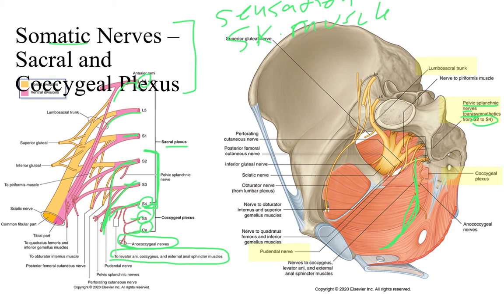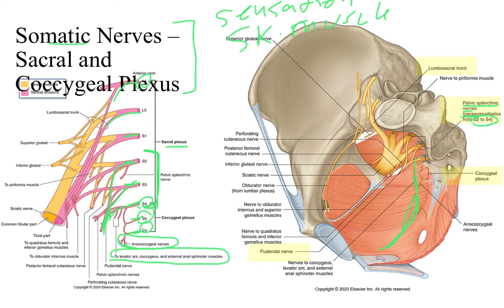Another reason why this nerve is important is that it is often the site of a nerve block, a pudendal nerve block, which is given for childbirth as well as minor surgical procedures that involve the perineum. So it will numb that entire area.